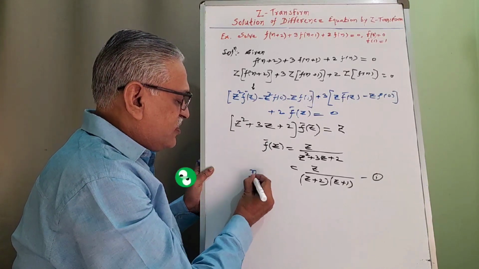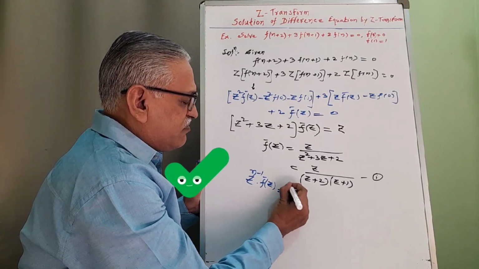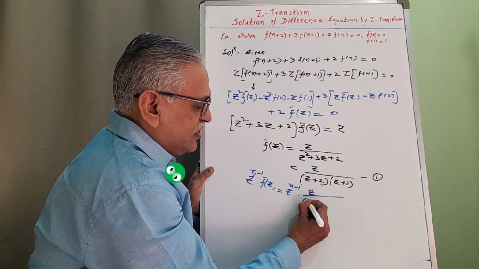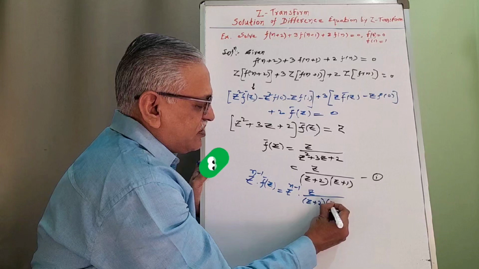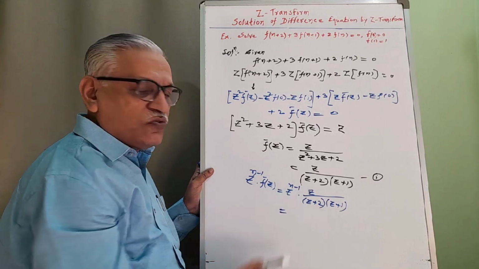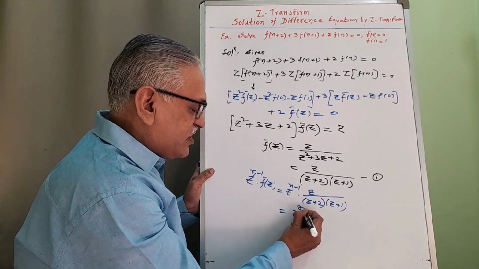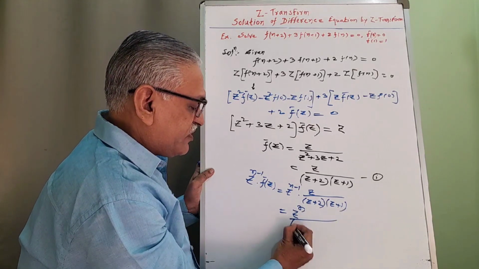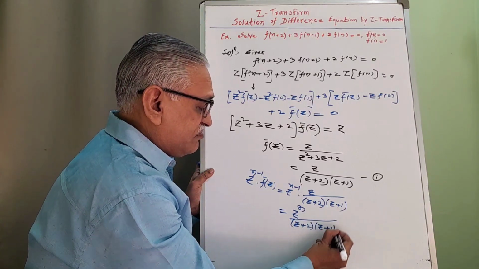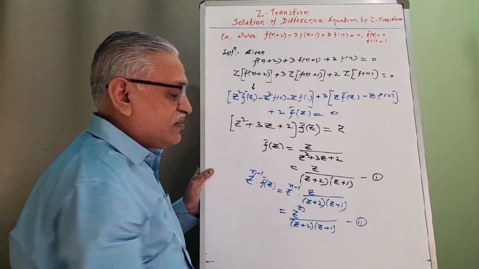Therefore we get z raised to n minus 1 into f bar of z is equals to z raised to n minus 1 into this term z upon z plus 2 and z plus 1, and taking a product of these two terms of z, that product is z raised to n minus 1 plus 1, we get z raised to n, divided by z plus 2 and z plus 1. We call this equation 2.